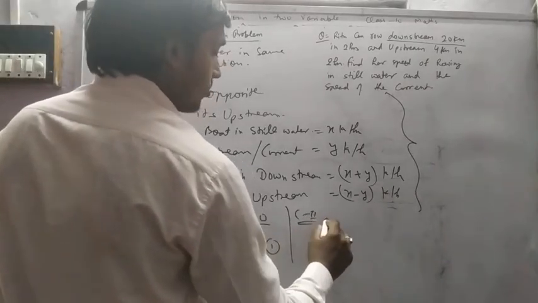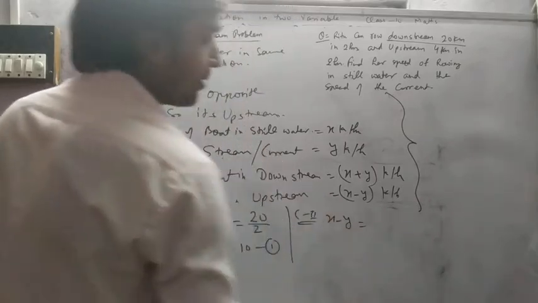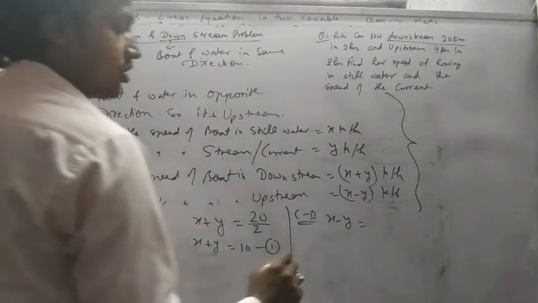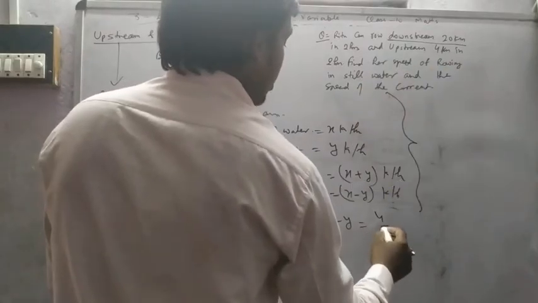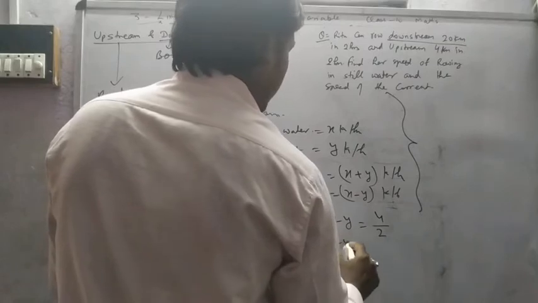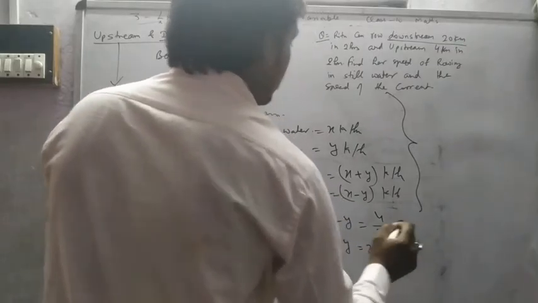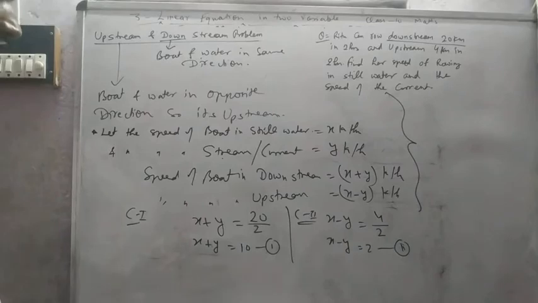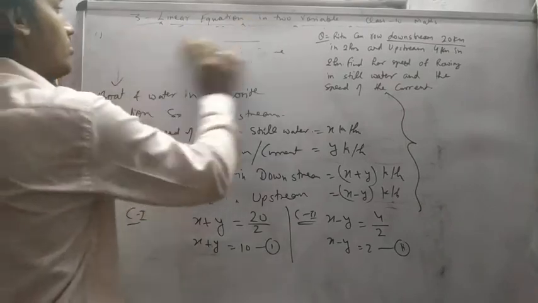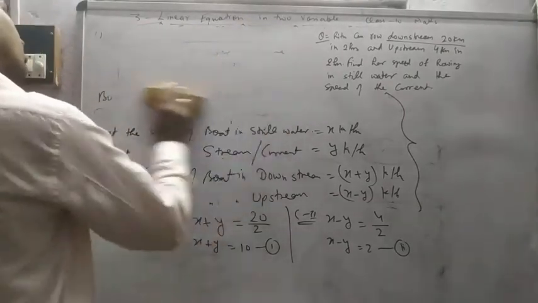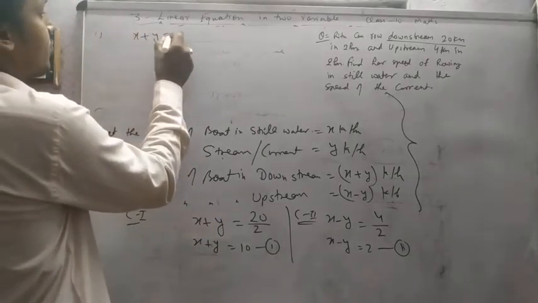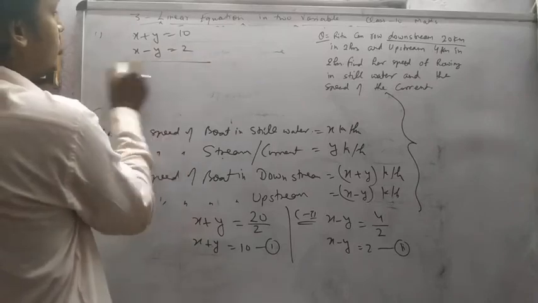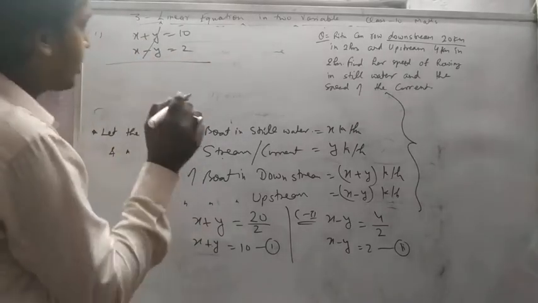Case second, speed of upstream, distance upon time, distance 4, time 2, x minus y is equal to 2. Equation 2. x plus y equal to 10, x minus y is equal to 2. Then solve both the equations. x plus y is 10, x minus y is 2, y cancels by the elimination method.